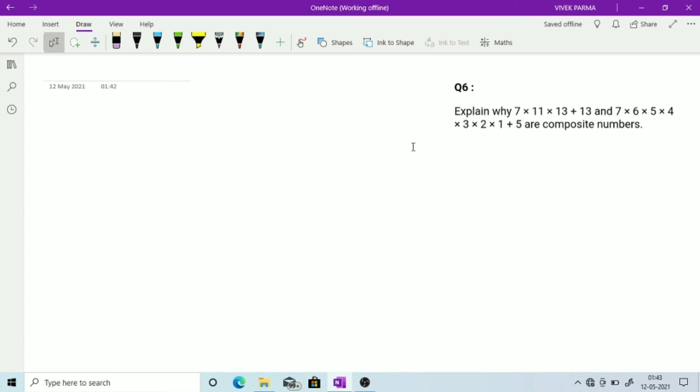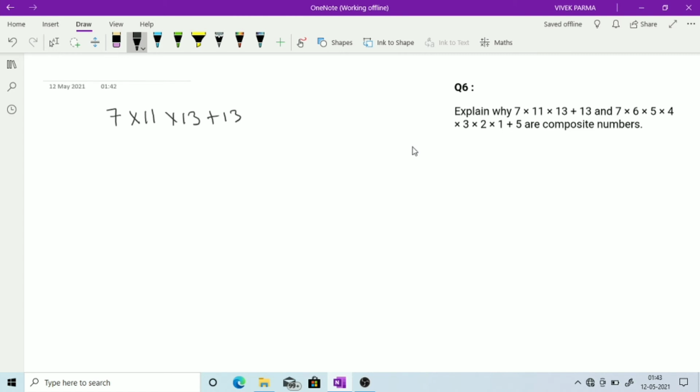As we know, composite numbers are the numbers which have more than two factors, right? So here write the expression, 7 into 11 into 13 plus 13, right?